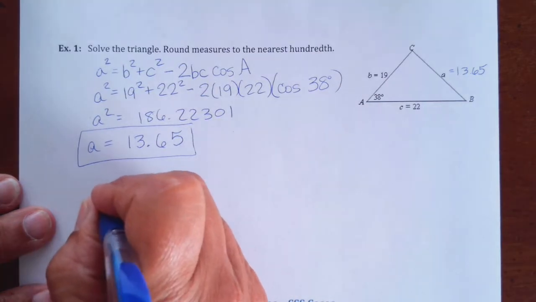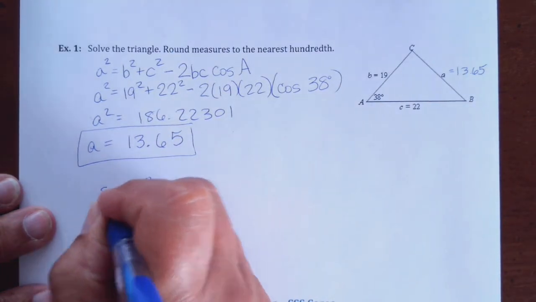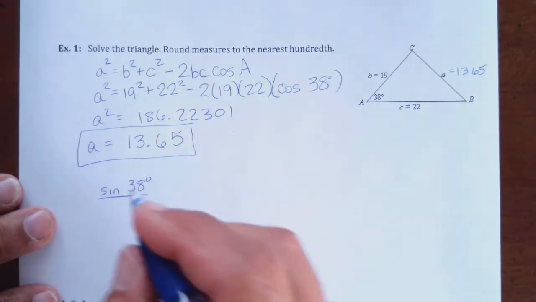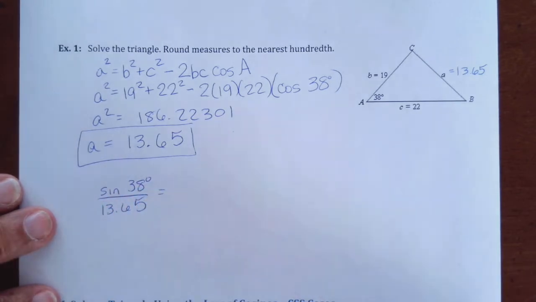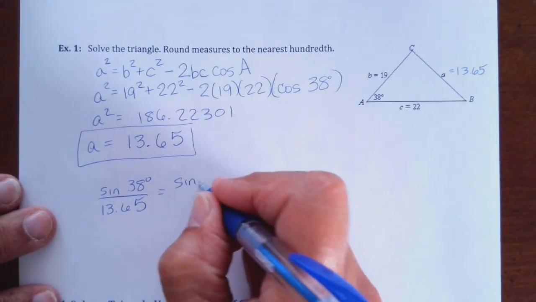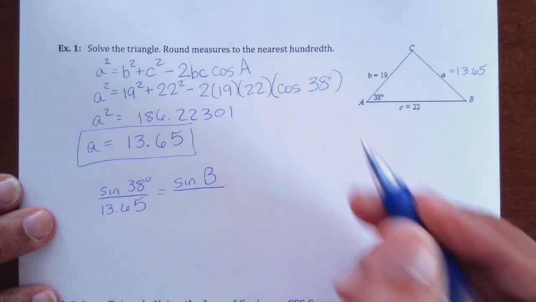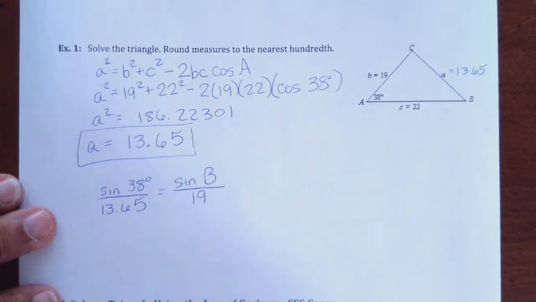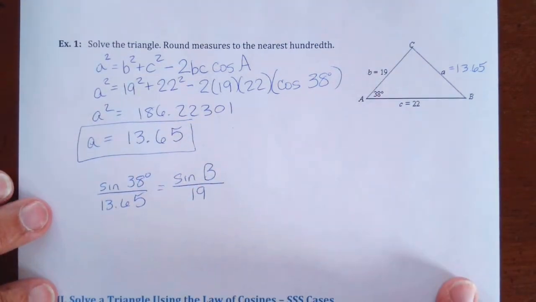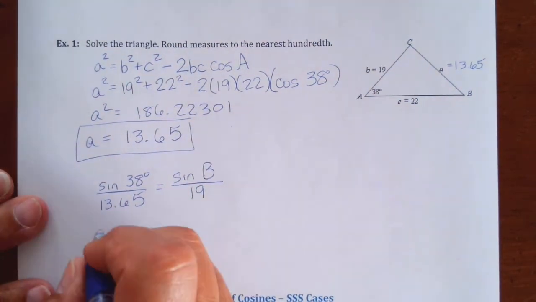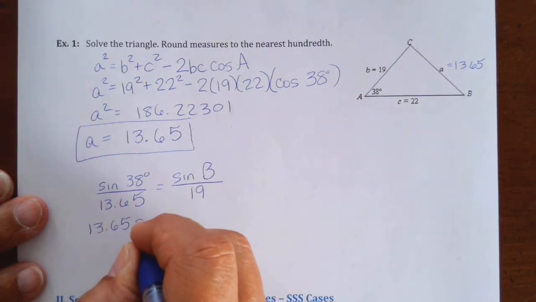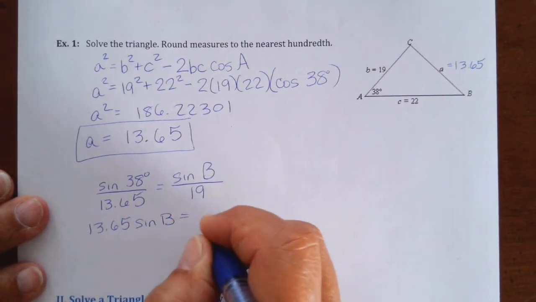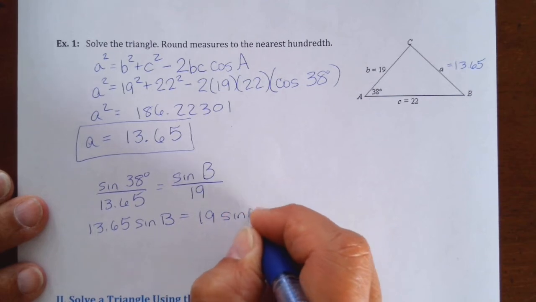So I'm going to do the sine of 38 degrees over, now that I know that's 13.65, equals the sine of B over side B, which is 19. Okay, so we're going to cross multiply. So we have 13.65 times the sine of B equals 19 times the sine of 38.